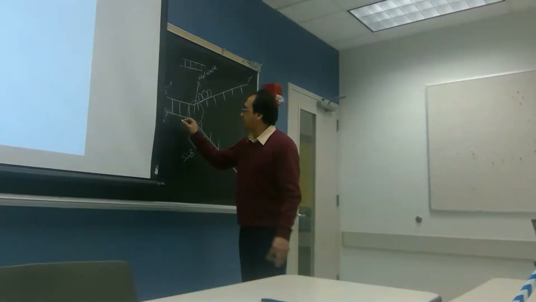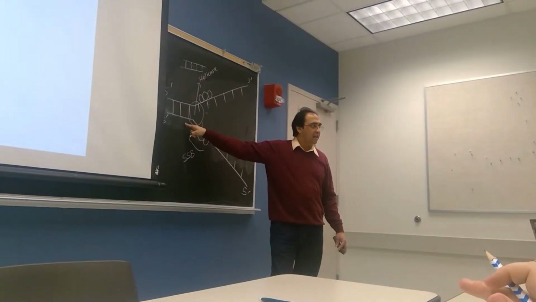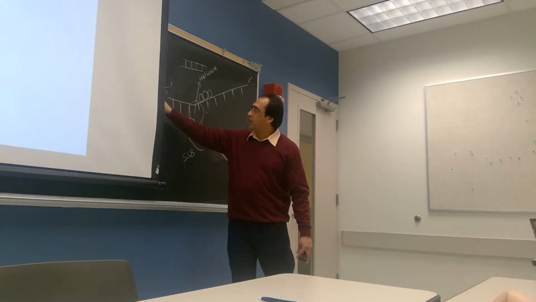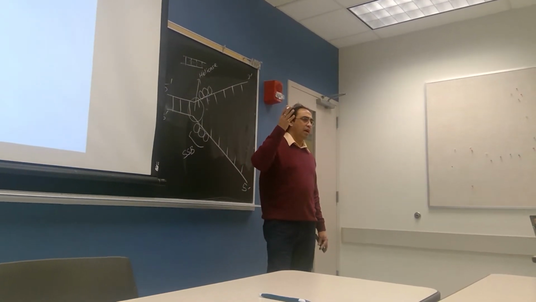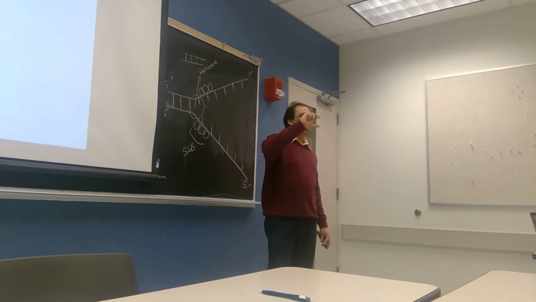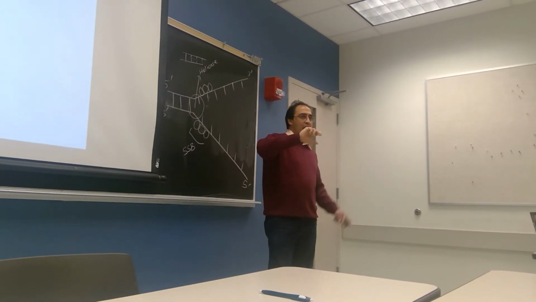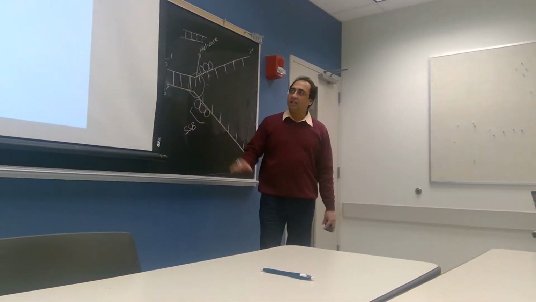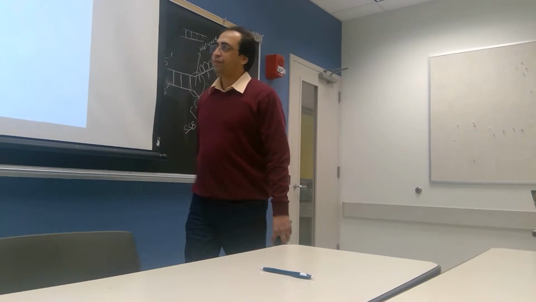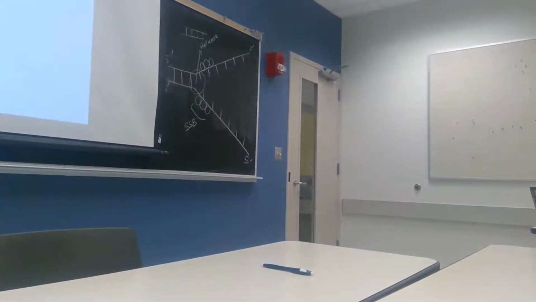Topoisomerase is not functioning immediately here, but a little bit further, where there is tension. It will open up that part and rejoin it. So the tension is relieved. That is the function of DNA gyrase. And then the replication fork is formed.